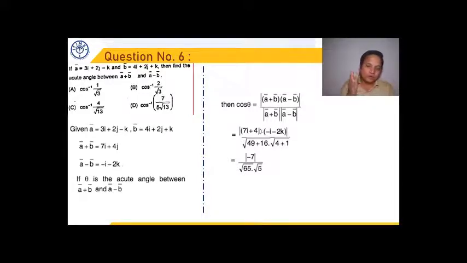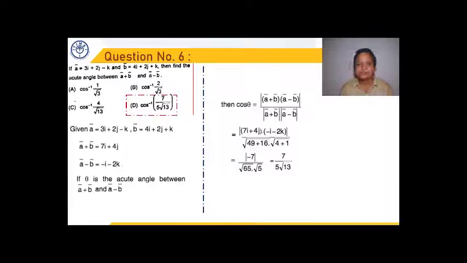Root 5 into root 5 becomes 5, and modulus of minus 7 becomes 7. So cos theta is equal to 7 upon 5 root 13. So theta is equal to cos inverse of 7 upon 5 root 13, which is given as choice D. The answer is choice D.